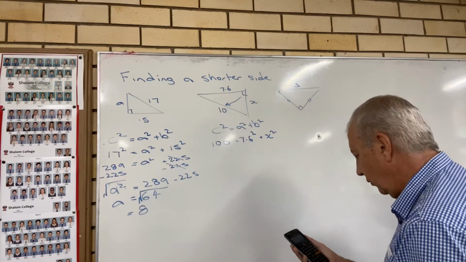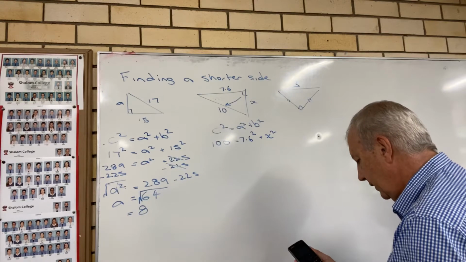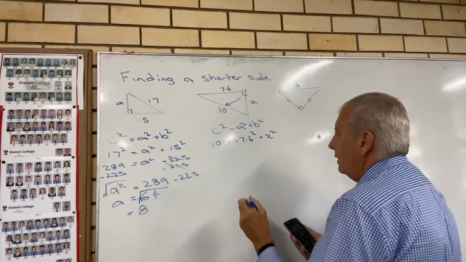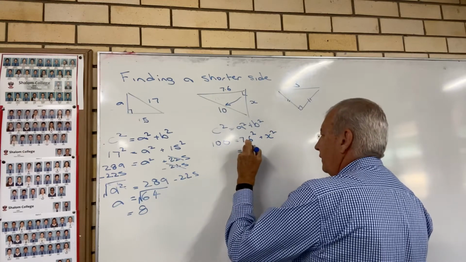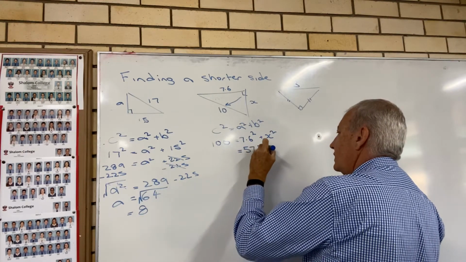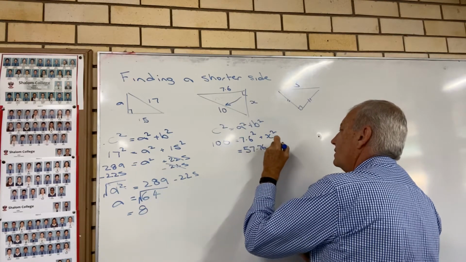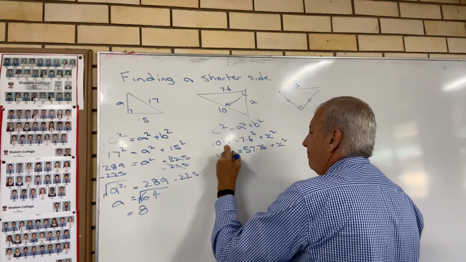So let's have a look at what 7.6 times 7.6 is. Equals 57.76 plus x squared, 100.